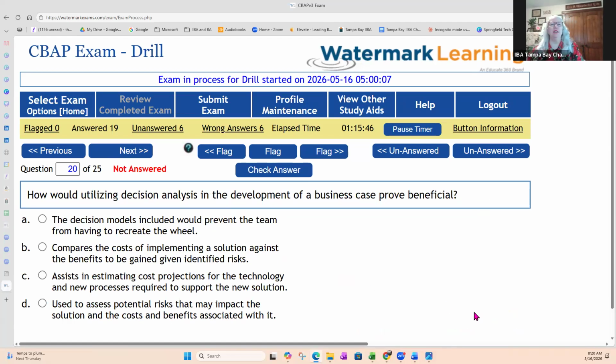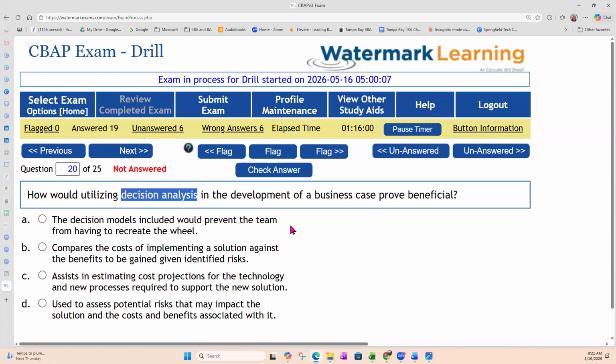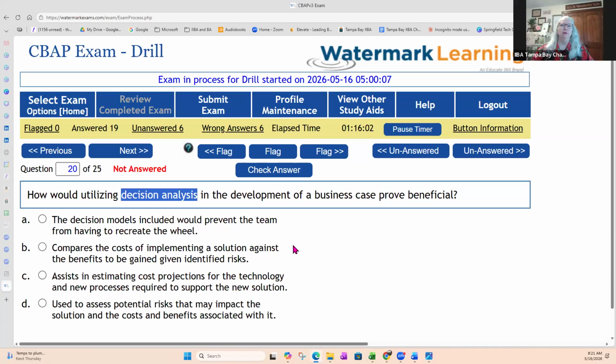How would utilizing decision analysis in the development of a business case prove beneficial? So decision analysis is the technique we're talking about, and we're talking about it for development of a business case. The decision models would prevent the team from having to recreate the wheel, comparing the cost of implementing a solution against the benefits to be gained given identified risks.